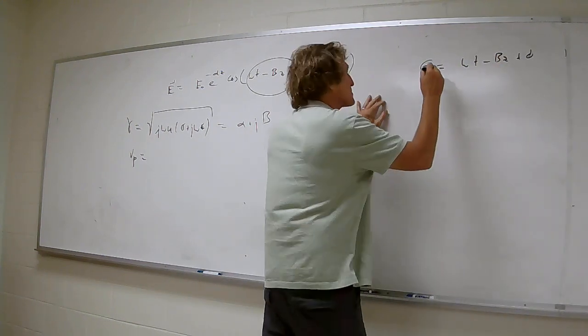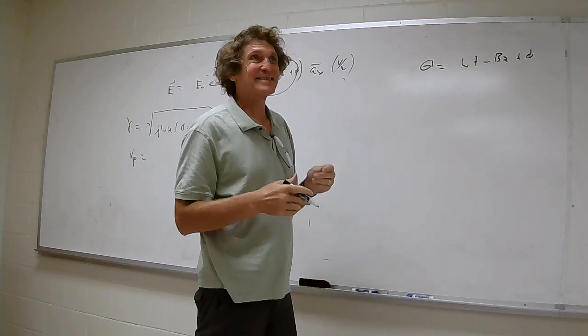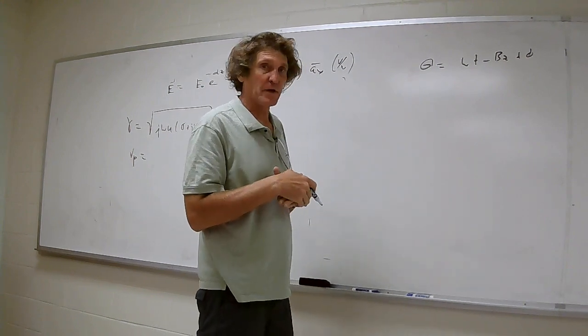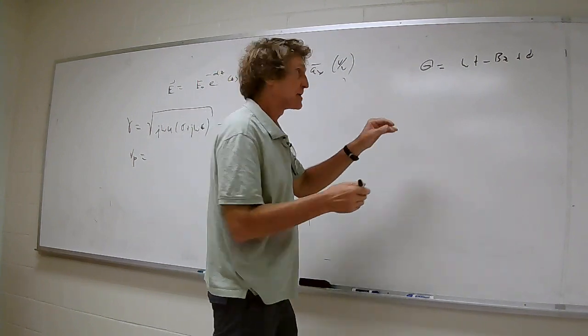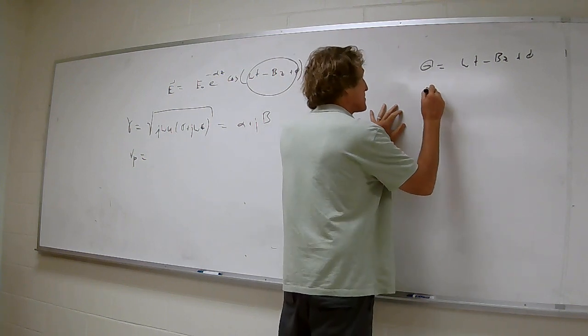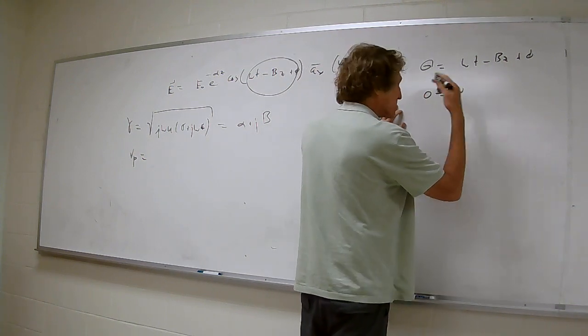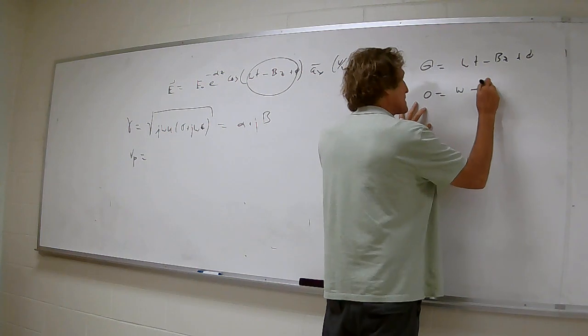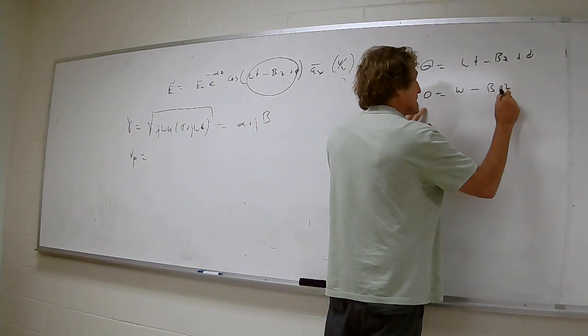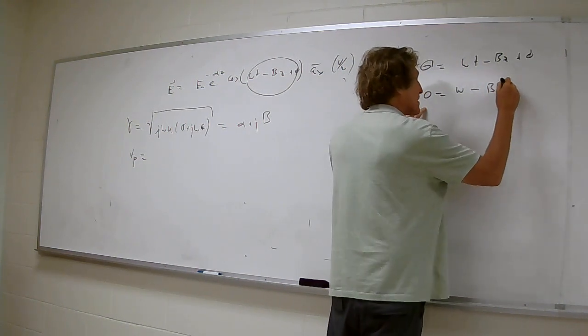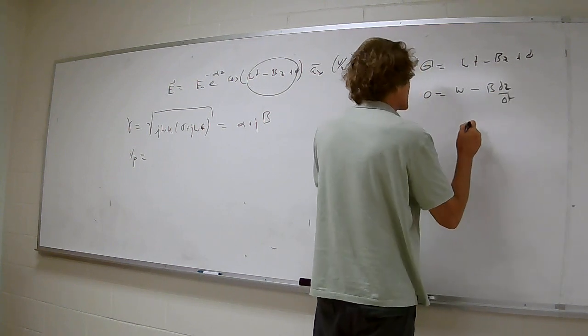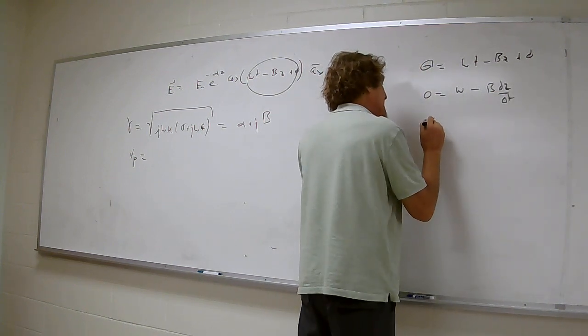Now, I want to make sure that I track how fast that angle is moving. So I take a derivative of this, and I get 0 is equal to omega, a derivative of this with respect to t, minus beta dz/dt. Phase angle doesn't matter over there. Right? I set it equal to 0, and I find dz/dt.